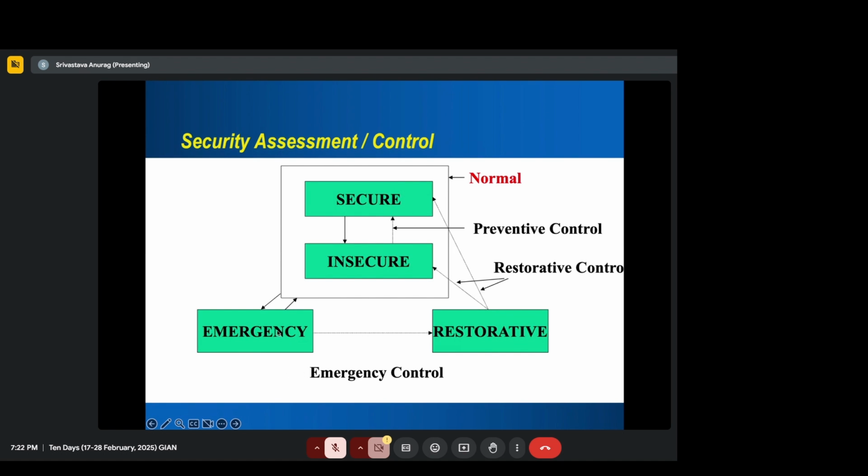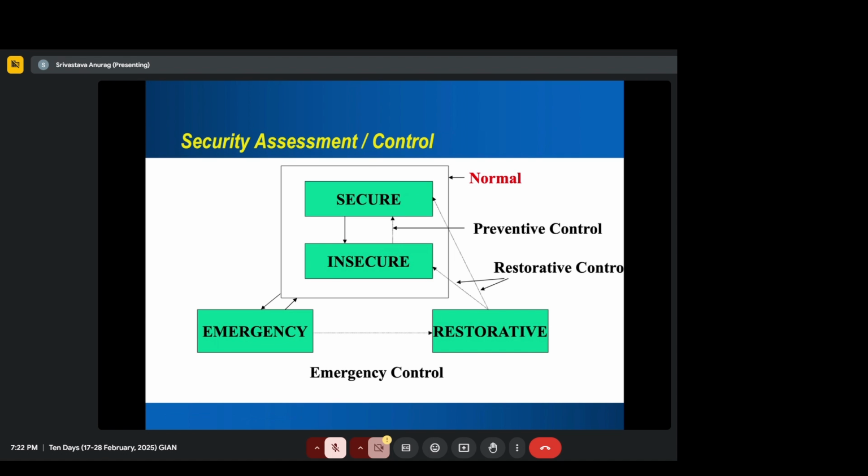You will go into the emergency scenario, and then we lose the power, and then we need to come to the restorative with certain emergency control. If you lose power in some way that you get to here, then you have to do the restorative control to come back to the secure or insecure, and then do the preventive control to go back to the secure, right?